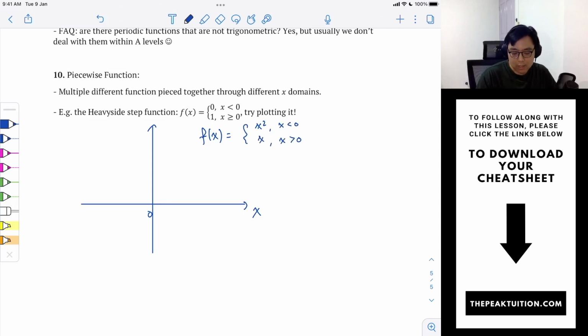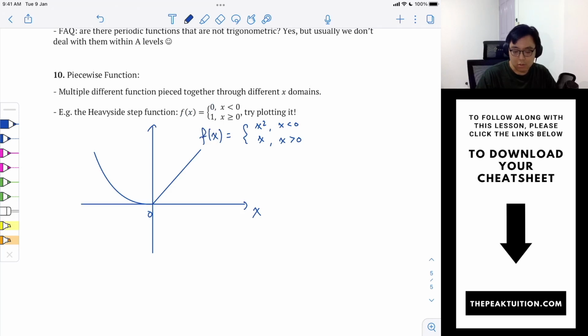So when x is less than 0, you get a quadratic graph that looks maybe something like this. Then when x is more than 0, you get the y equals x graph. Then it looks like this.